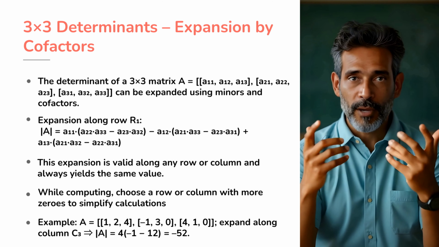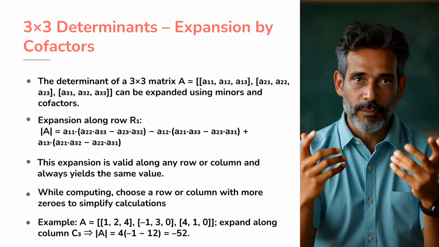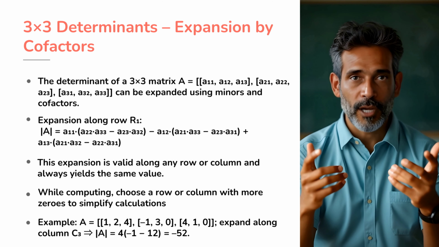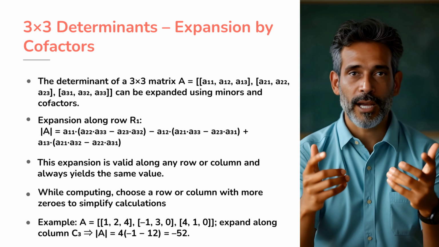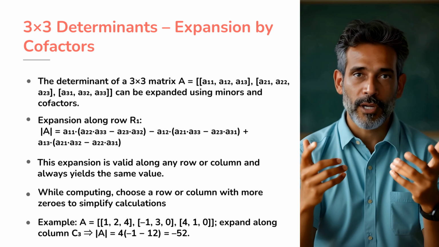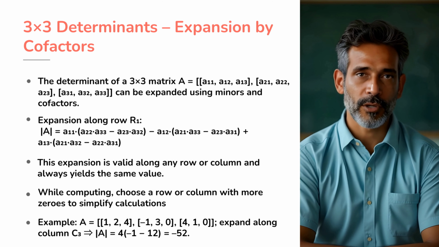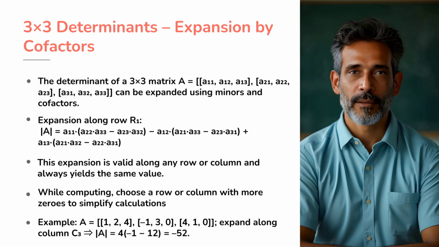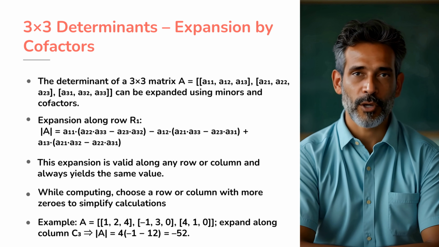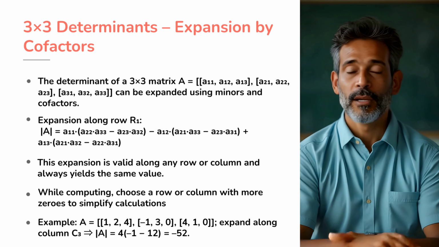Now, let's step up to a 3 by 3 matrix. Suppose A equals [[a11, a12, a13], [a21, a22, a23], [a31, a32, a33]]. We can compute its determinant using cofactor expansion.